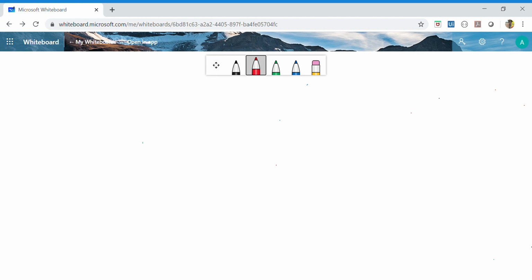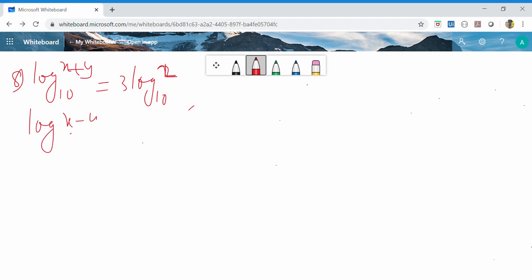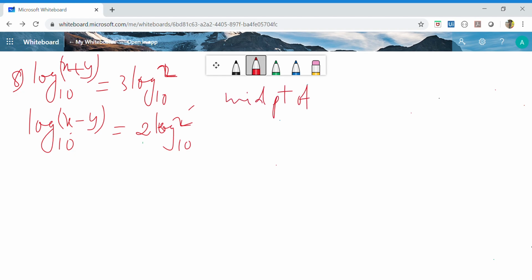Next, if log of x plus y to the base 10 is equal to 3 log 2 to the base 10, and next log of x minus y to the base 10 is equal to 2 log 2 to the base 10, then find the midpoint of x comma y with origin.